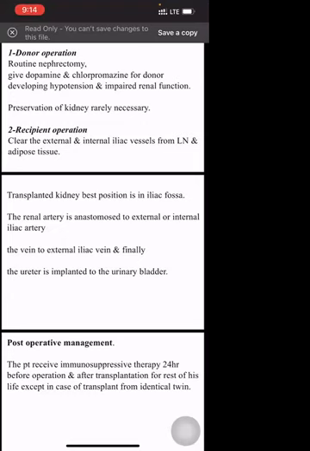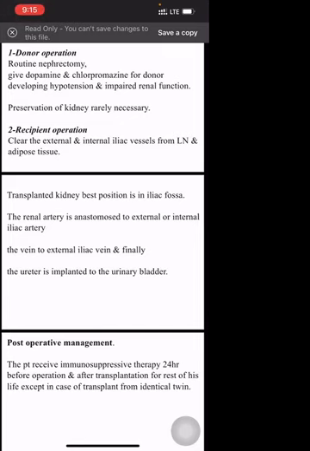It is best to do anastomosis to the internal iliac artery, but sometimes we use the external iliac artery. Why? Because the external iliac artery continues as the femoral artery, so we avoid injury or ischemia to the lower limb. If there is any problem and we cannot do anastomosis to the internal iliac, we can use the external iliac artery. The vein is anastomosed to the external iliac vein, and finally the ureter is implanted into the urinary bladder.